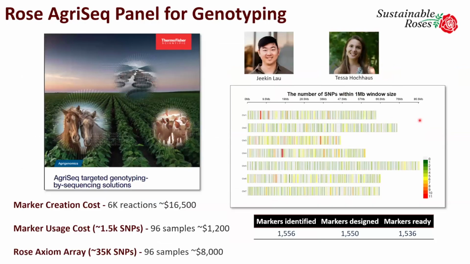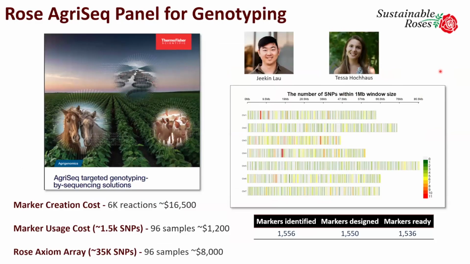In addition to that, Jikan Lau, before he left, helped me work with Thermo Fisher Scientific to develop what we call a genotyping by sequencing solution, or targeted sequencing in this case, for roses. What Jikan did was to look for about 1,500 markers in the genome.